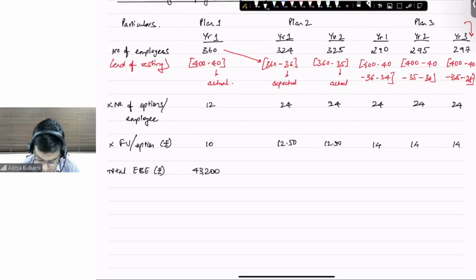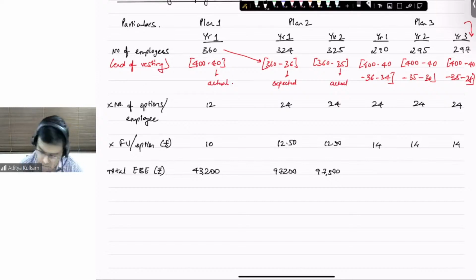Second case, 324 into 24 into 12.5, that is 97,200, and with 325 it is 97,500.